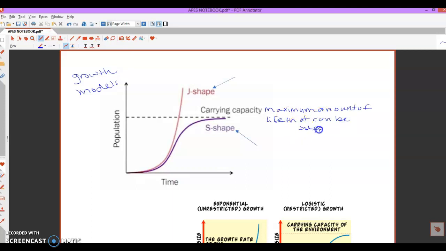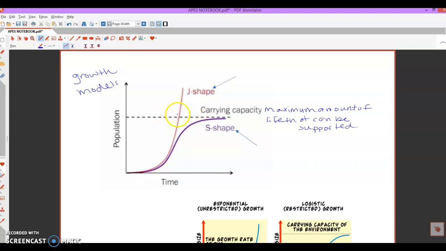Okay. Now, the way these two populations grow, they're going to interact with the carrying capacity. So you're going to see the populations shift in one of two ways. Let's look at our J-shaped curve first. You can see by the very sharp slope of this line that it is growing incredibly fast. And it's going above the carrying capacity.